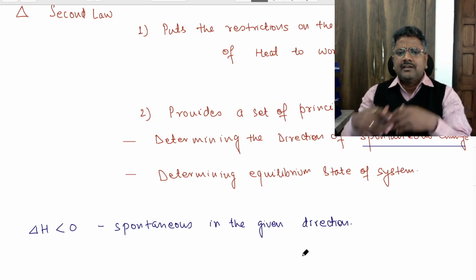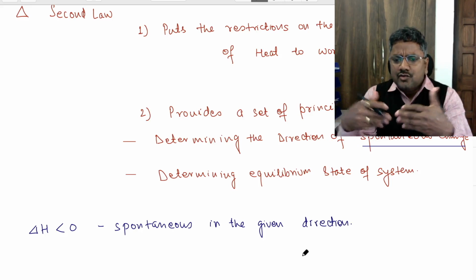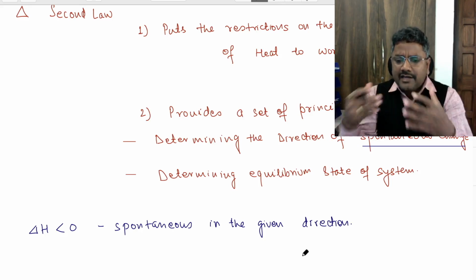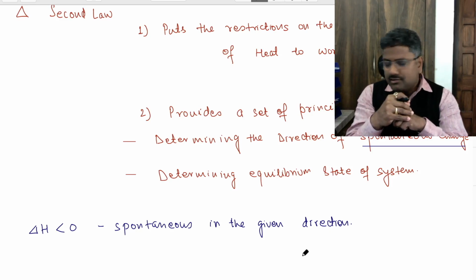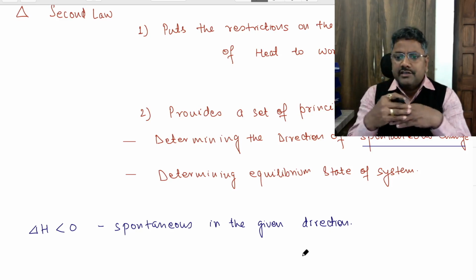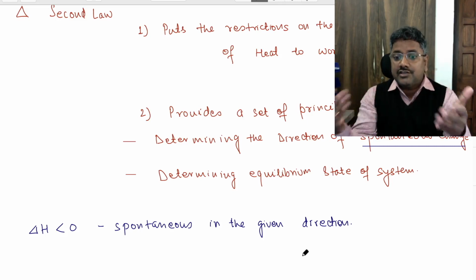We have so many chemical reactions and physical phenomena that are spontaneous in the given direction, but delta H is positive for them. Or even delta H, the energy change, is 0.